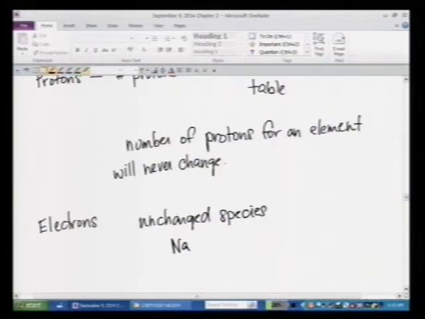We also have charged species. I'm using the word species to denote an atom or an element or any substance in its state. So an uncharged sodium atom would be just sodium written as the atomic symbol from the periodic table. The charged sodium atom would be sodium with a little superscript positive charge.